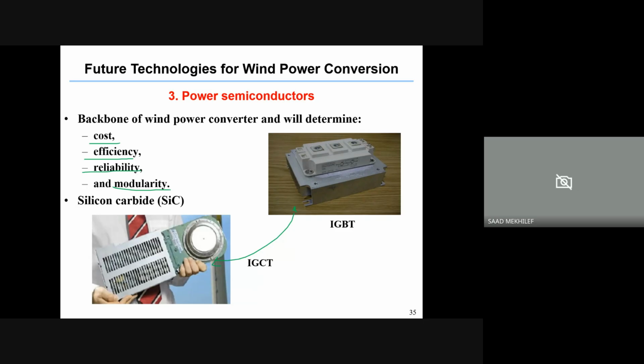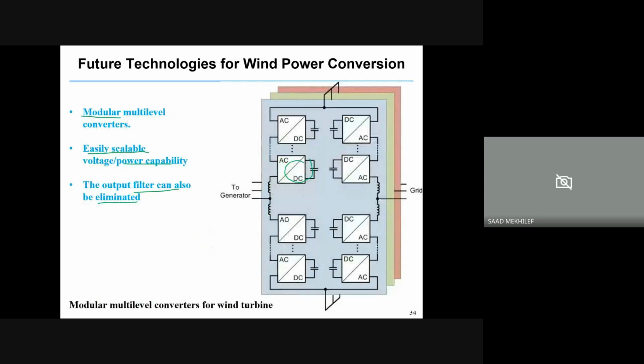If you have modularity, that helps in case you want to increase capacity or in case there is a fault, and this will also allow us to do fault tolerance, because most of this power electronics also has the capability of providing fault tolerance. Fault tolerance is important, for example, when you have a cascaded topology, like I go back to this one here, and then one module goes faulty.